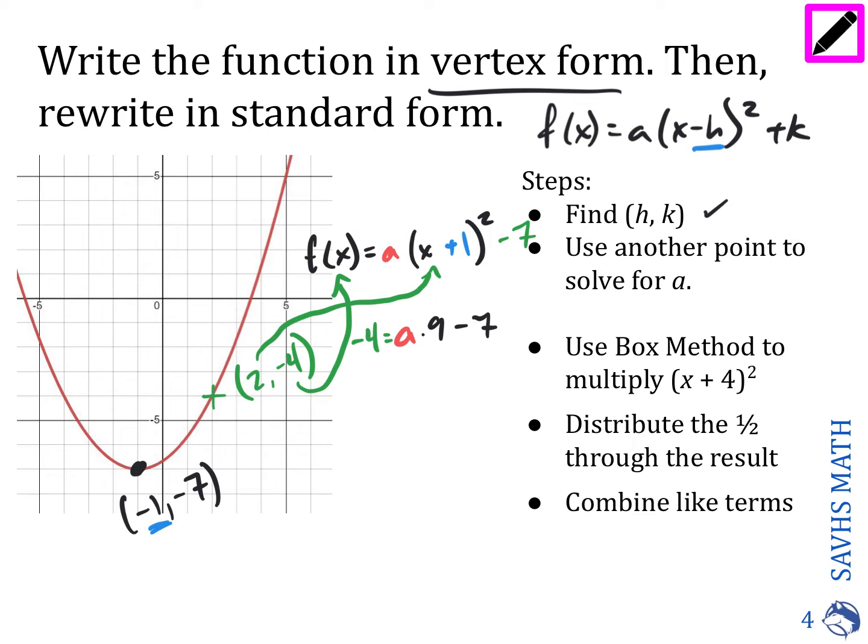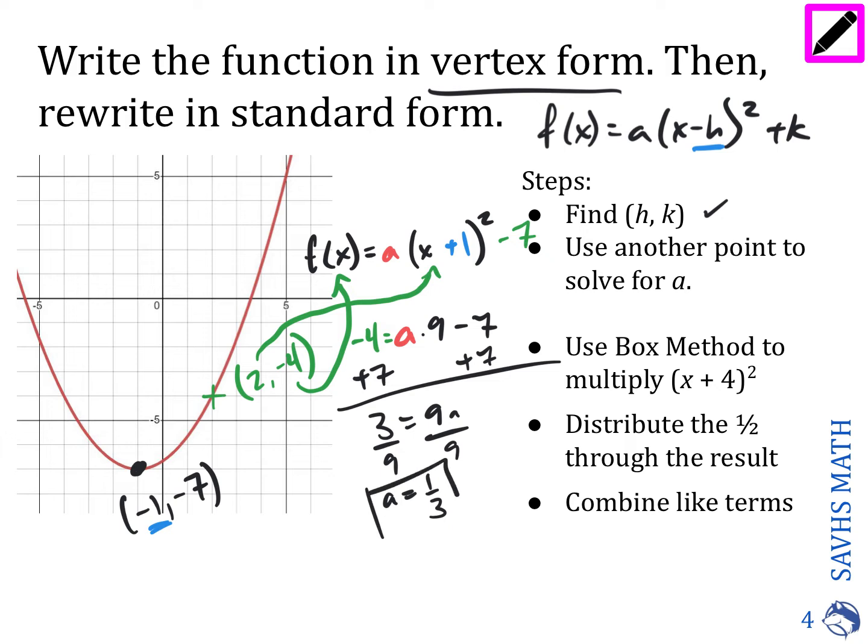Okay, so let's solve for a then. So I'm going to add 7, and I get 3 equals 9a. So then divide by 9, and I get a equals 1/3. Look at that. Okay, so now I know that actually this a is 1/3.